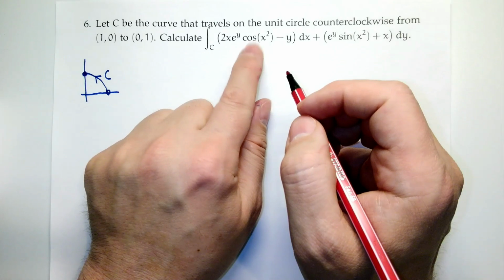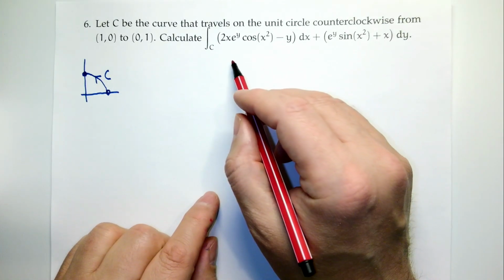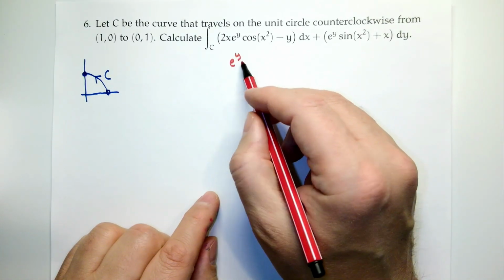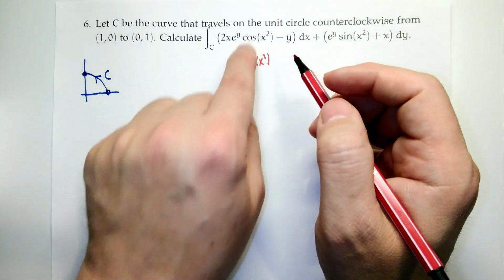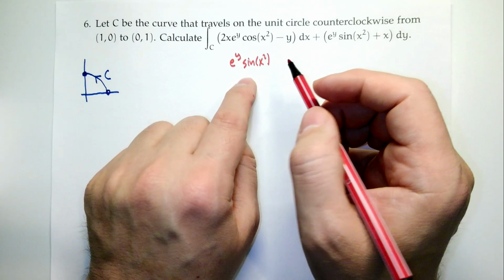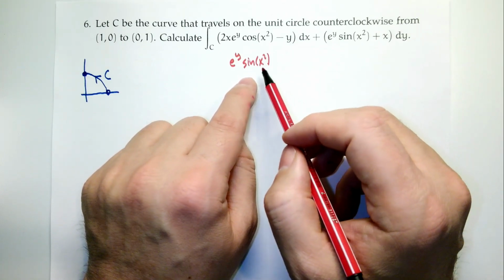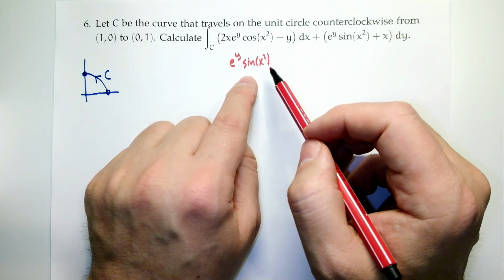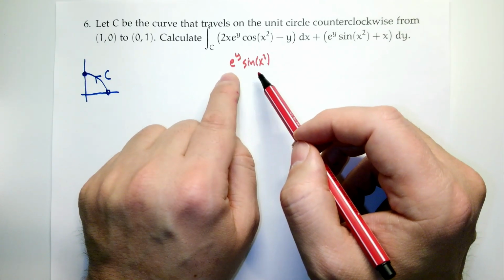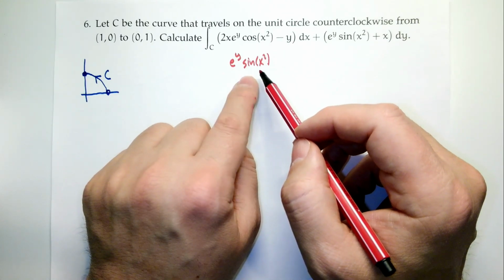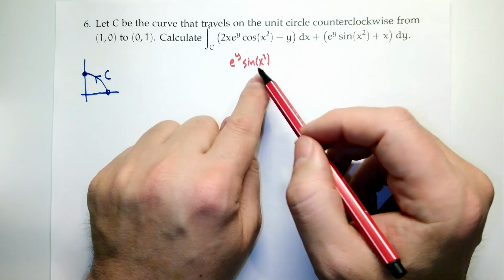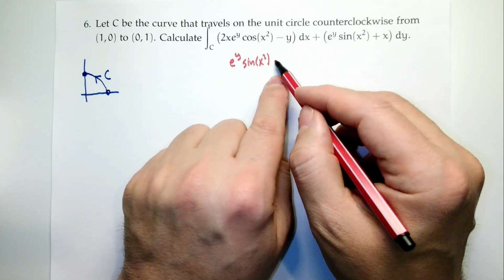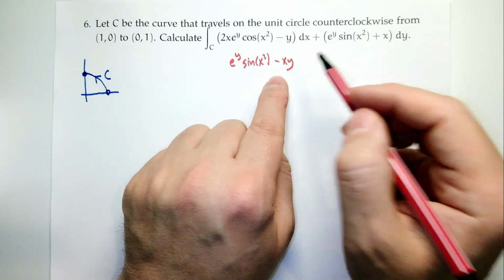So it's kind of like the integral of cosine. So the antiderivative here would be e^y sine of x squared. If you're not sure about that, think about taking the derivative with respect to x. e^y is a constant, so it'll just stay as it is. Derivative of sine is cosine of x squared times the derivative of x squared, which is 2x, minus xy.